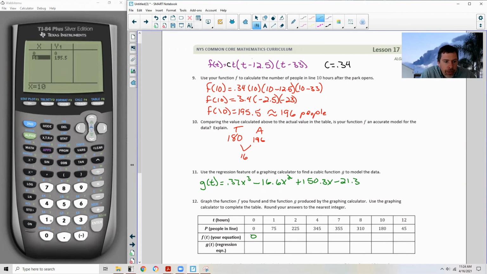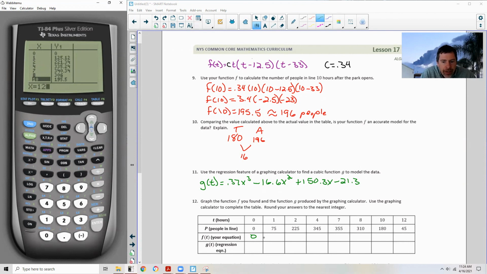And then 1. Okay, and I'm just going to enter these all right now first: 2, 4, 7, 8, 10, and 12. Actually, let me wait on that and enter these first because it will replace my 10.